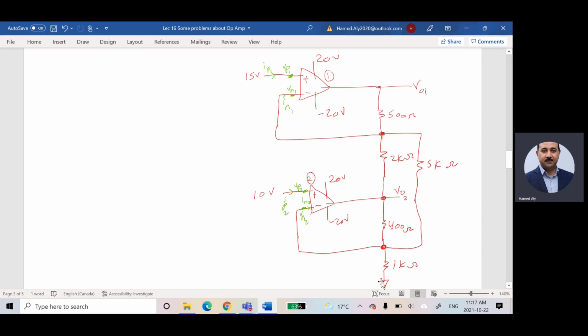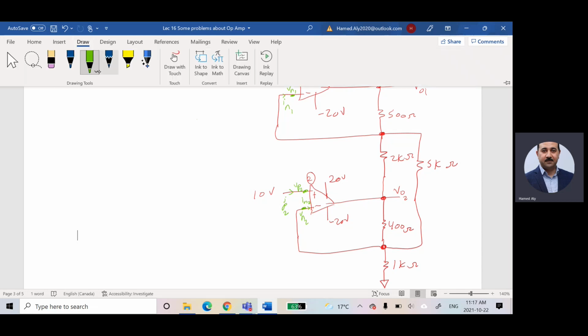It's not an open circuit, but this is the way of drawing the circuit. This is the source. Are you seeing that, guys? So based on that configuration, I can say VP1 is equal to 15 and VP2 is equal to 10. So I will write that here.